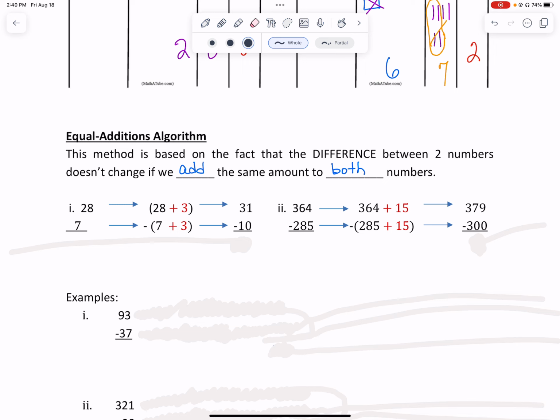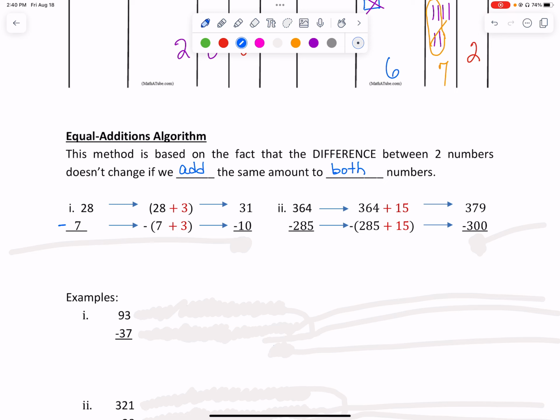We are trying to find the difference between 2 numbers. And that difference doesn't change if we add the same amount to both numbers. So if you remember when we were adding, I added to the top and I subtracted from the bottom.